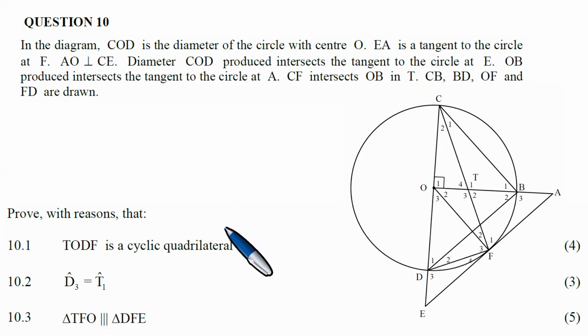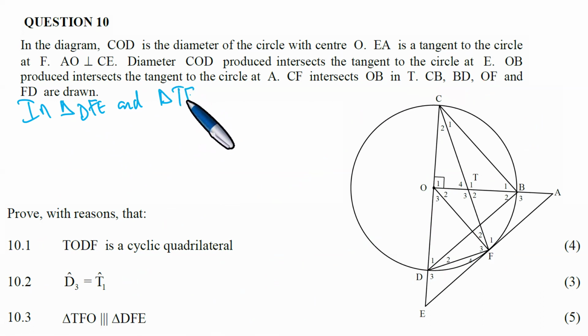Obviously at this point, we need to prove this. So we're going to work in triangles. In triangle DFE and triangle TFO, number one. Let's look at the triangle DFE. Let's highlight them.